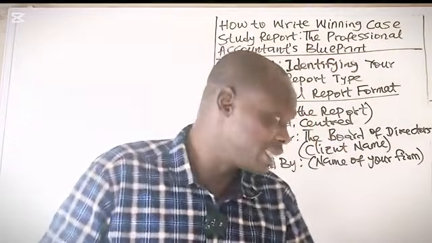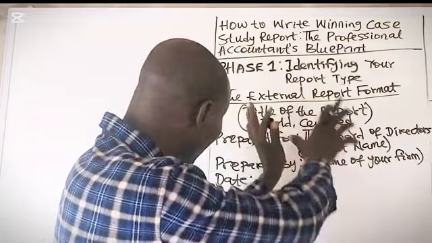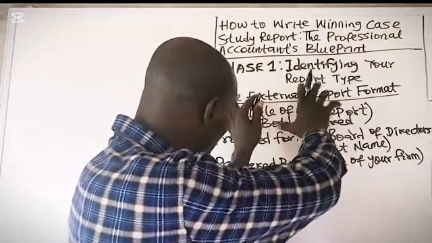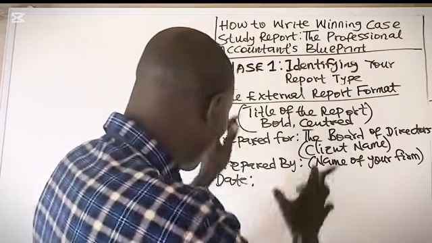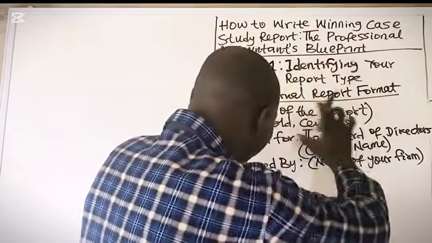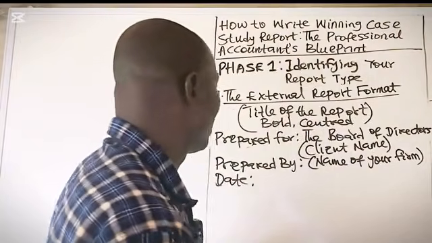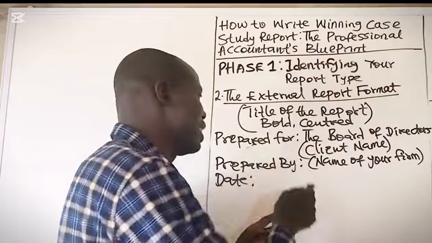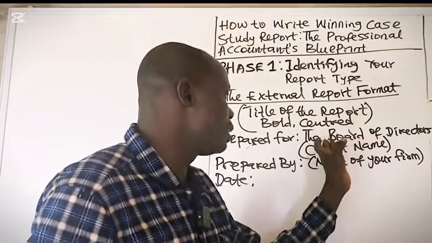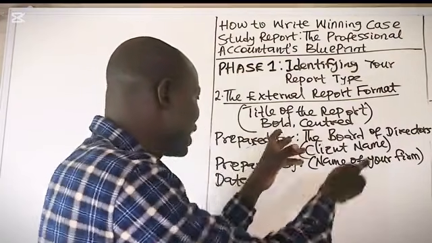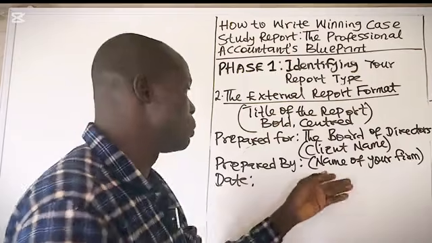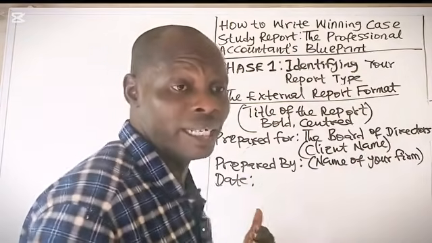Remember, this is for an external report. This is how your cover page is going to look. You start with the title of the report, bold and centered, followed by Prepared for, the board of directors of the firm. Followed by Prepared by, where you put the name of your firm. Then followed by the date.